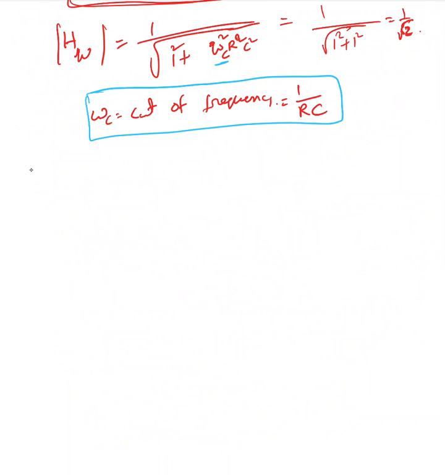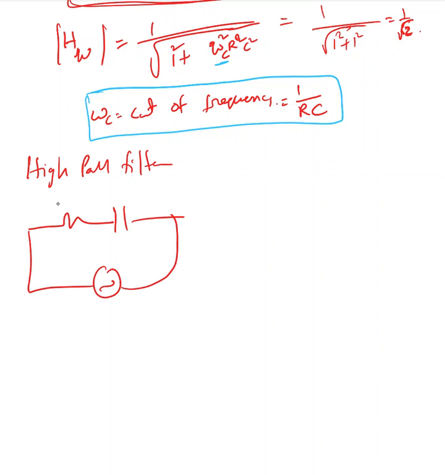Next one is the high pass filter. In a high pass filter, same thing, it's an RC circuit. Now I'm going to take the output voltage across the resistor instead of the capacitor.